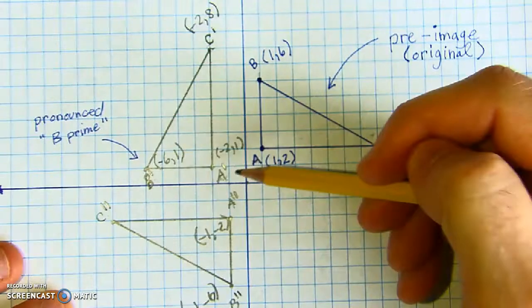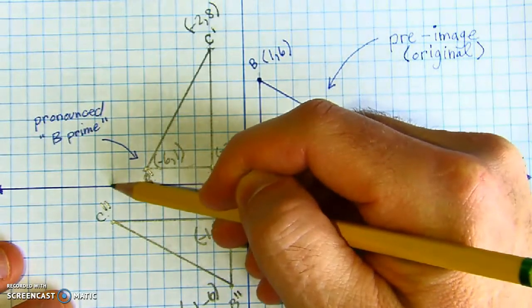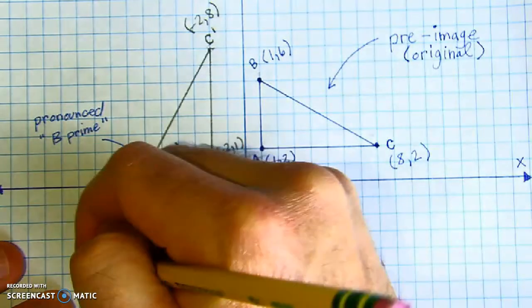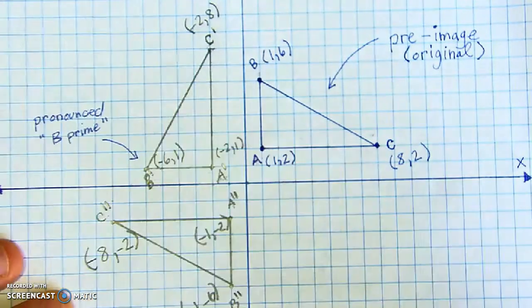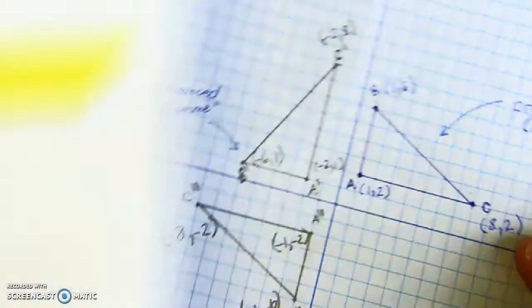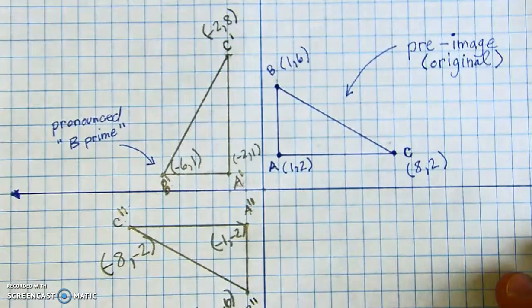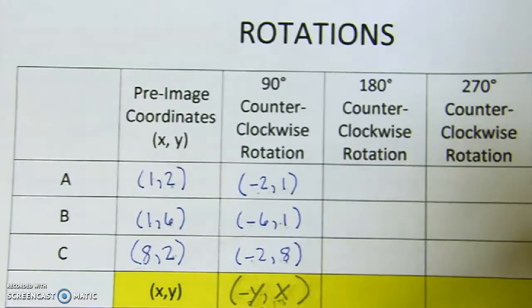And then C double prime is 1, 2, 3, 4, 5, 6, 7, 8, -8, comma, -2. All right, perfect. Now that I have the new locations, and I know they're right because I used wax paper to get them there, I'm going to record them right over here.